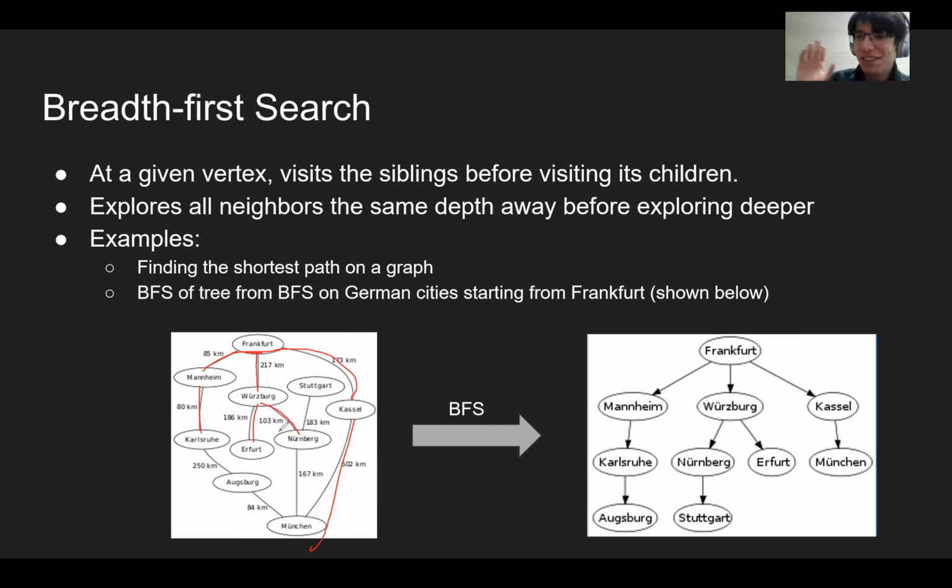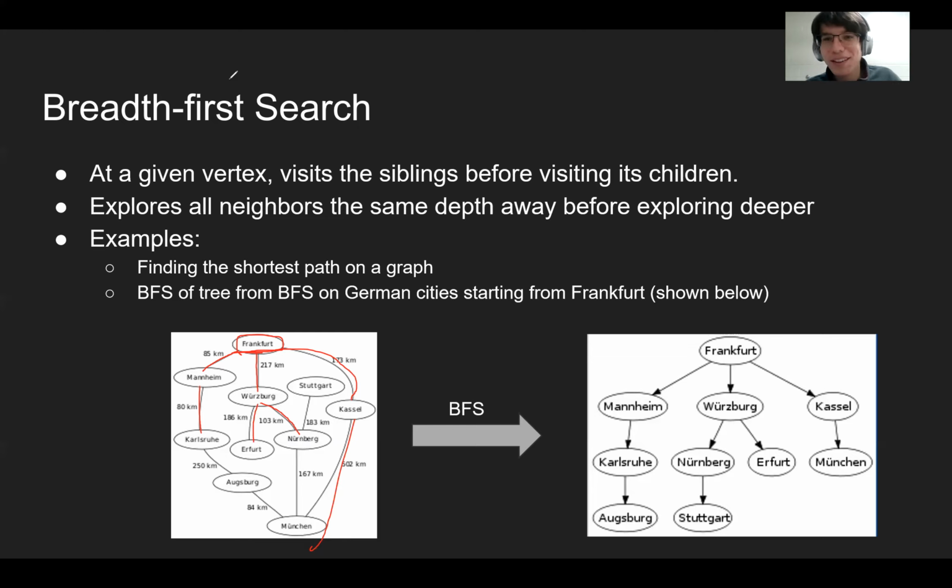So it's just like with a level order traversal. You visit everything at a certain level or distance away from your start node. If your start node is Frankfurt, you visit every node distance 1 away from Frankfurt first. The next time through, you visit everything distance 2 away, which is the same as what we're doing with trees, where we visit everything at level 1, level 2, level 3. Now it's just distance 1 from your root, distance 2 from your root.